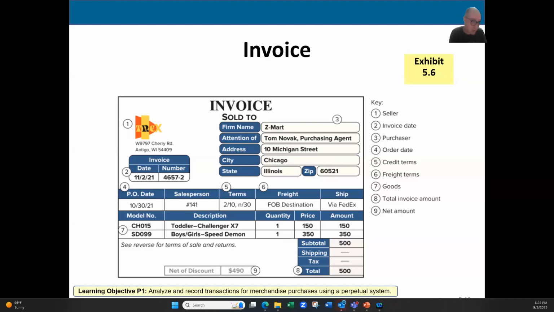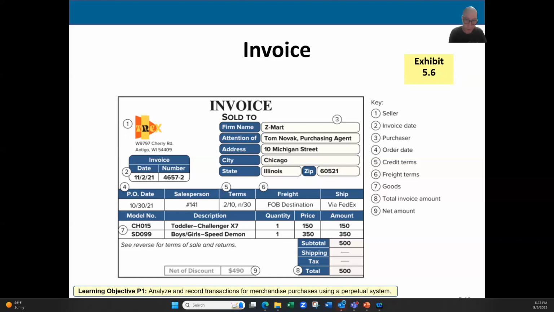Free on board destination usually means the seller is responsible until it reaches the destination. If it said free on board origin, that usually means the buyer's responsible for the shipping. That's why the terms are always important on these things.